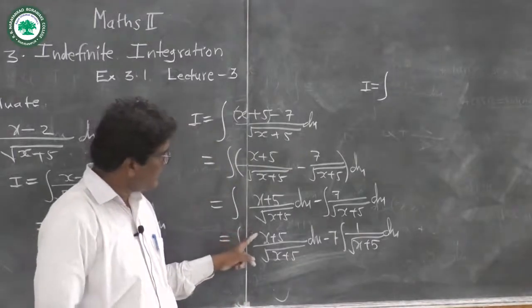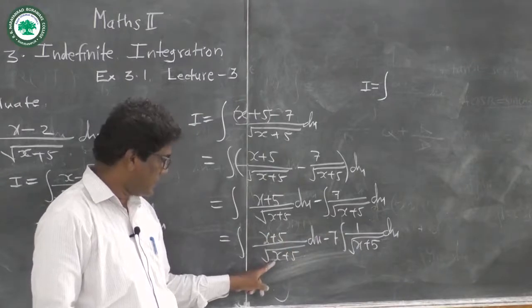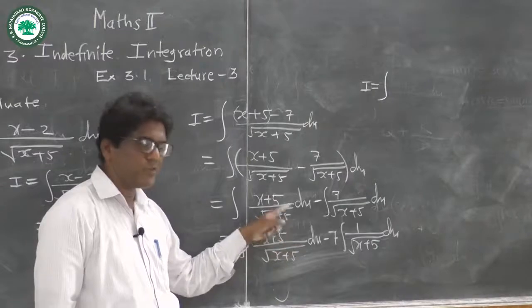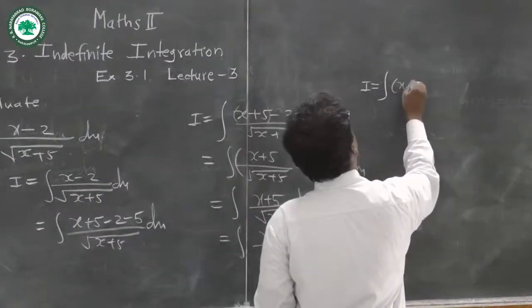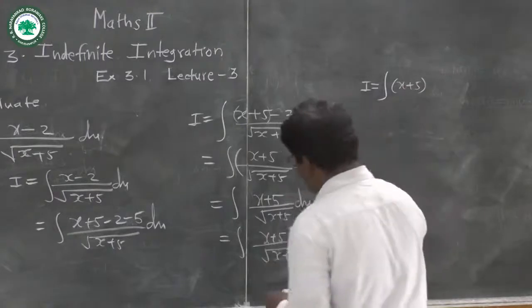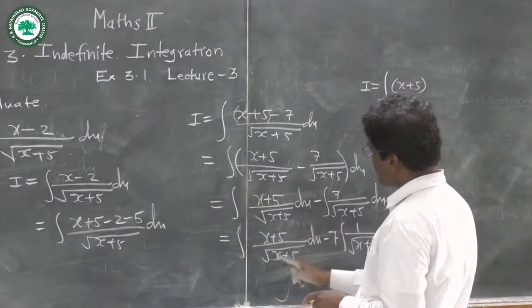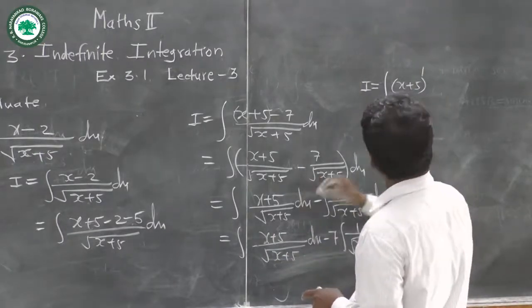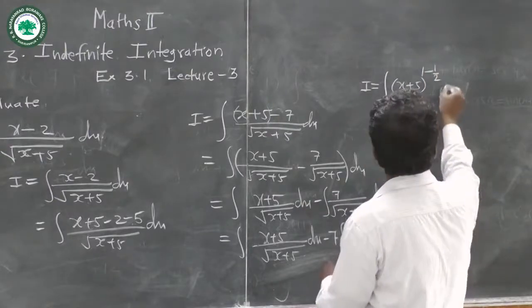Now see here, I is equal to the required integral. In the numerator the power of x plus 5 is 1 and in the denominator the power of x plus 5 is 1/2. So we shift this 1/2 power to the numerator. So we get x plus 5 to the power 1, and shifting the 1/2 to the numerator, we get minus 1/2, dx.